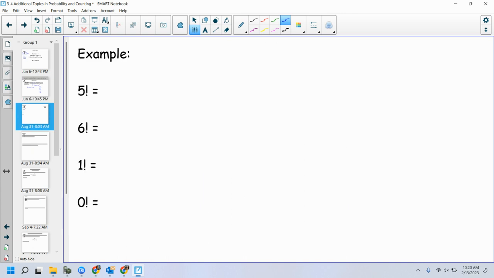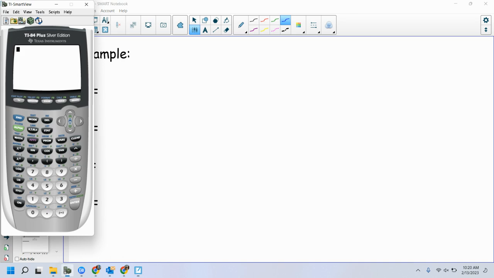All right, so let's talk about some factorials. What is 5 factorial? Now, you guys will be allowed your graphing calculators, or your red calculator if you want to borrow one, or you can borrow my graphing calculator. They have the factorial symbol on it. Do the red calculators have a factorial? I think they do.